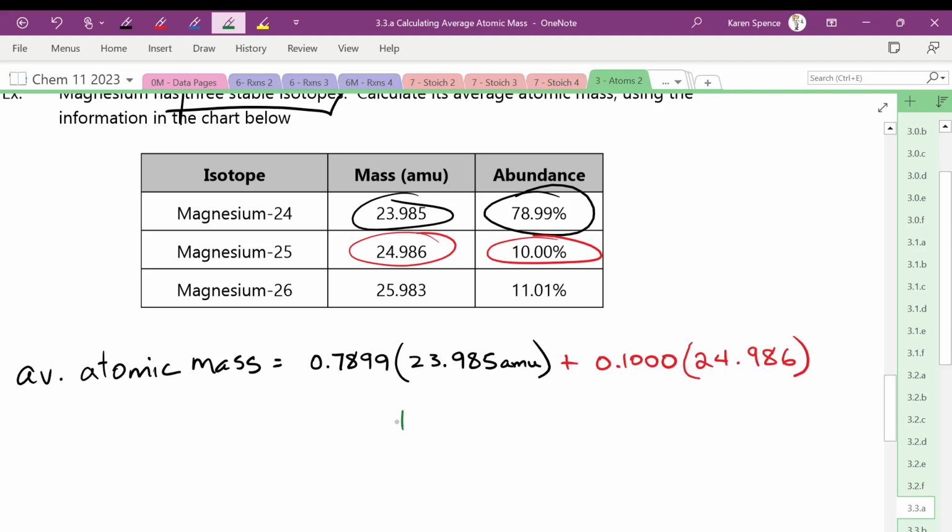And then 11.01%, so 0.1101 times, oh, and I forgot my AMU. Keep forgetting that. 25.983 AMU.